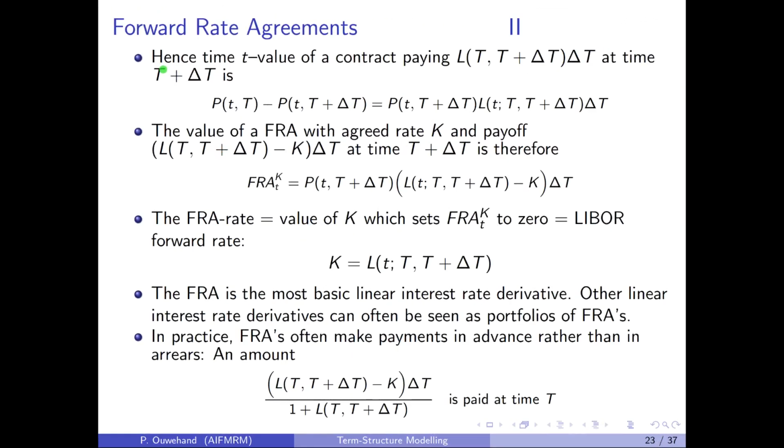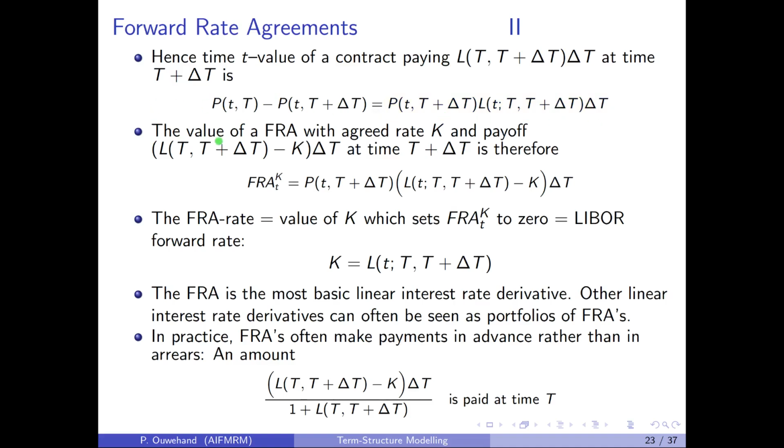We therefore have two expressions for the time t value of a contract which pays the LIBOR spot times delta t at time T plus delta t. On the one hand, it's a difference in prices of two zero coupon bonds, and on the other hand, it's the discounted LIBOR forward rate times delta t.